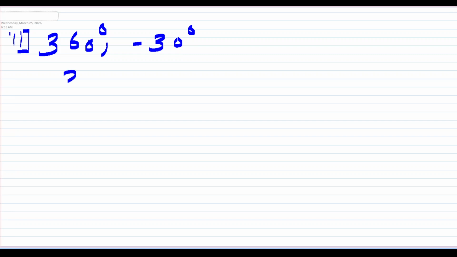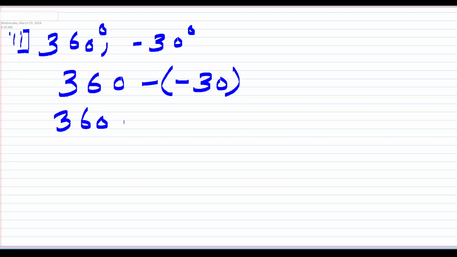Second example, example number 2: (360, minus 30). What you have to do? You have to subtract the second angle from the first angle. So 360 minus minus 30 will become 360 plus 30.